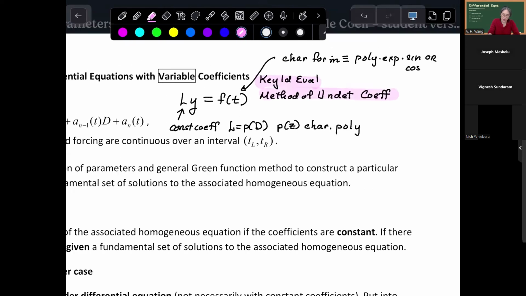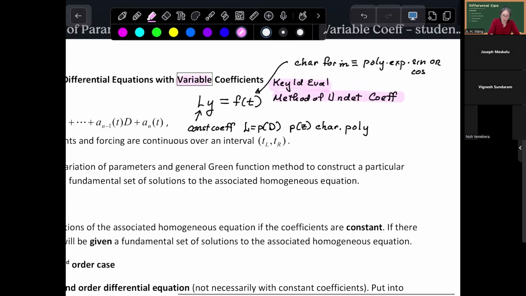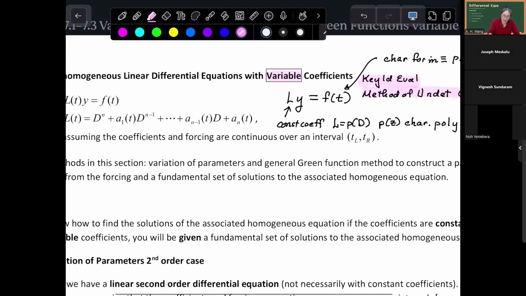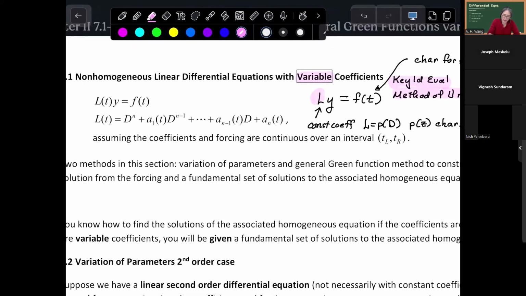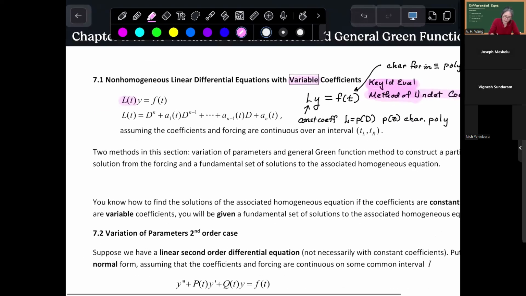Okay, now what if we have variable coefficients? Then instead of L, you can't use this. If it's L of t, then you can't use these two over here. Okay, so we're going to look at variation of parameters.